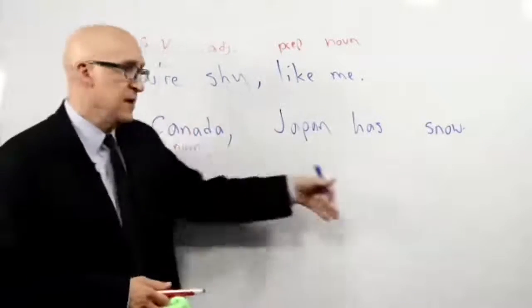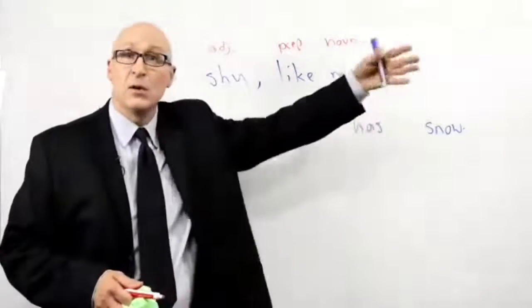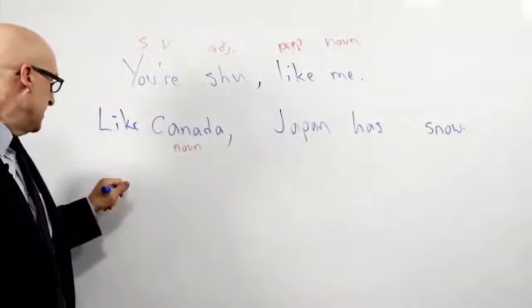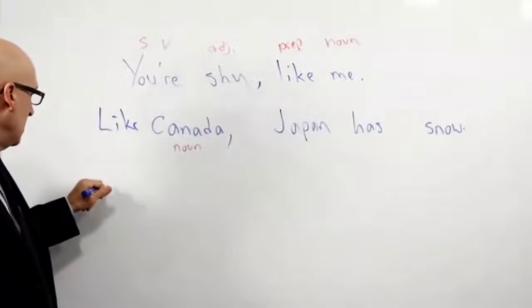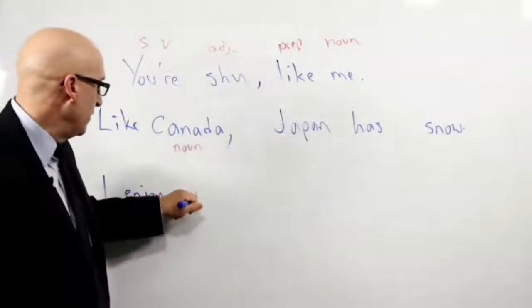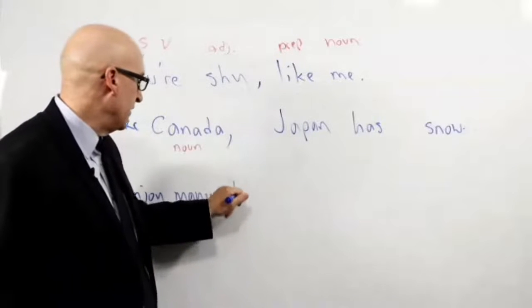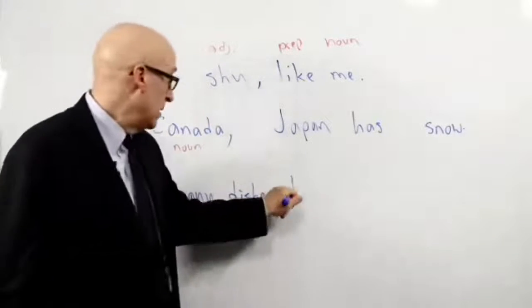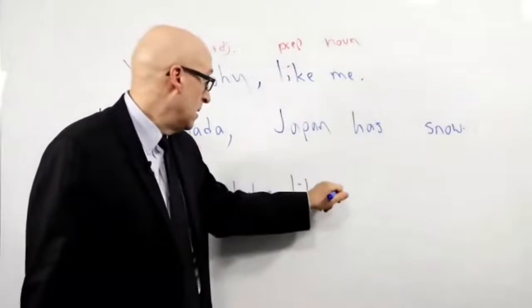And it doesn't matter where this is. It could be over here. Japan has snow like Canada. Or you could say something like, I enjoy many dishes, food dishes, and then you can introduce an example, like pizza.